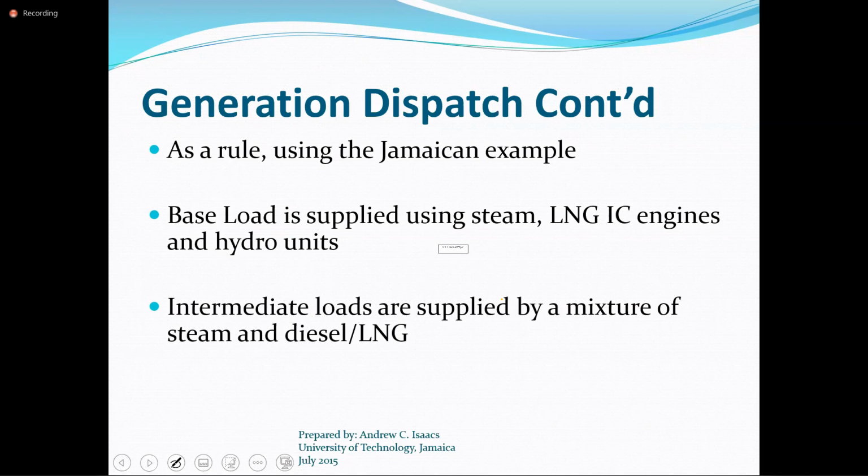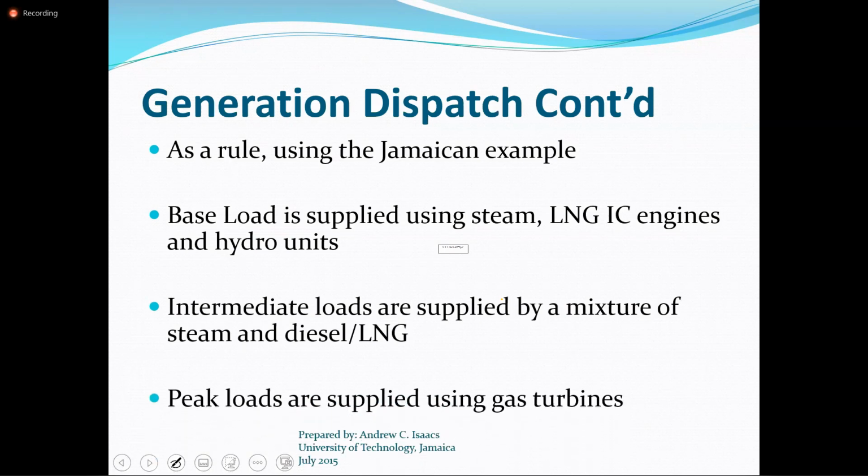Your intermediate is supplied by a mixture of steam and diesel, and then for your peak, using primarily gas turbines. There's a nomenclature issue in Jamaica. When we talk about gas turbines or gas plants in other jurisdictions, we're really talking about natural gas, and that natural gas is really used to produce steam.